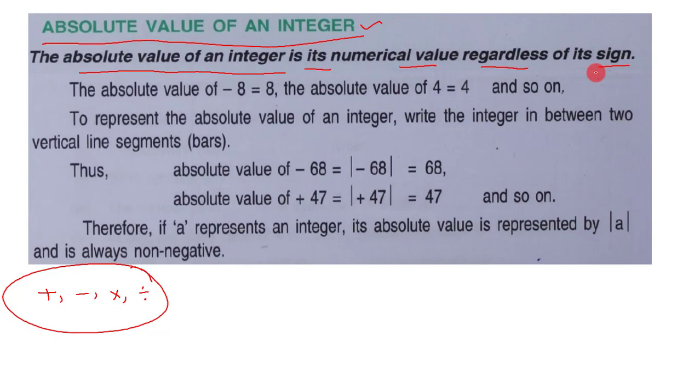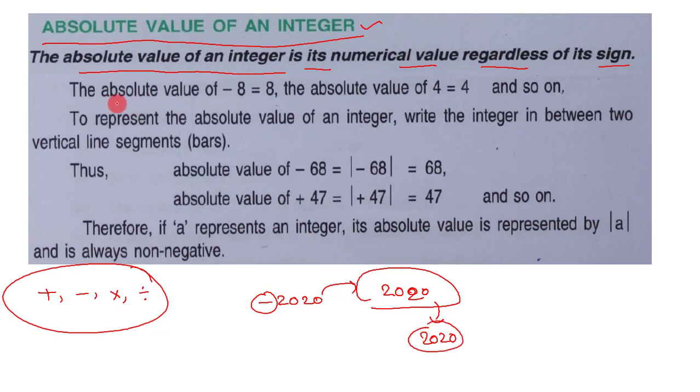If you take minus 2020, its absolute value is 2020. And the absolute value of 2020 is 2020 itself. The absolute value of minus 8 is 8, and the absolute value of 4 is 4 itself.